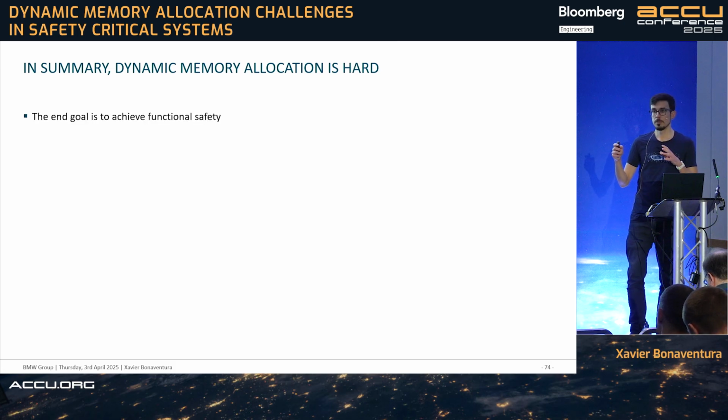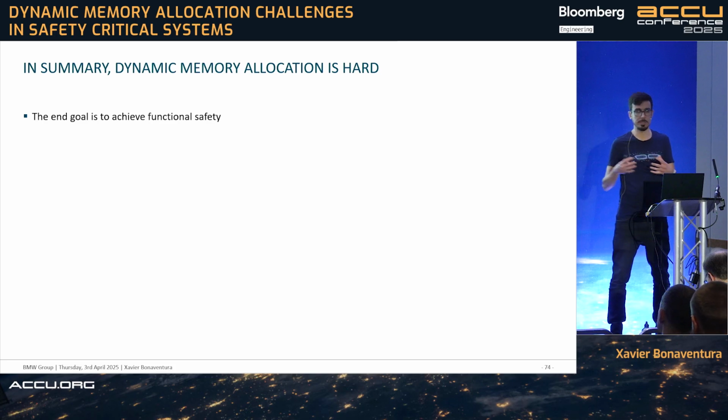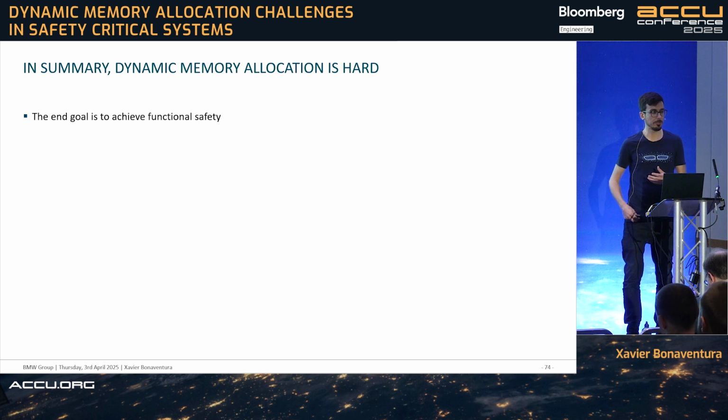But we need to go back some steps. What we want to achieve in the end is functional safety. We want to achieve that if we put a plane in the air, it will not crash. If we have the car, it will not crash. We want to make sure that the user is safe. That is the goal, and that's what we need to achieve.